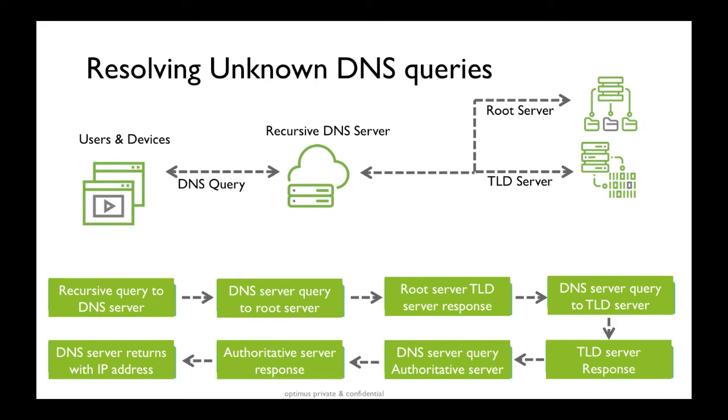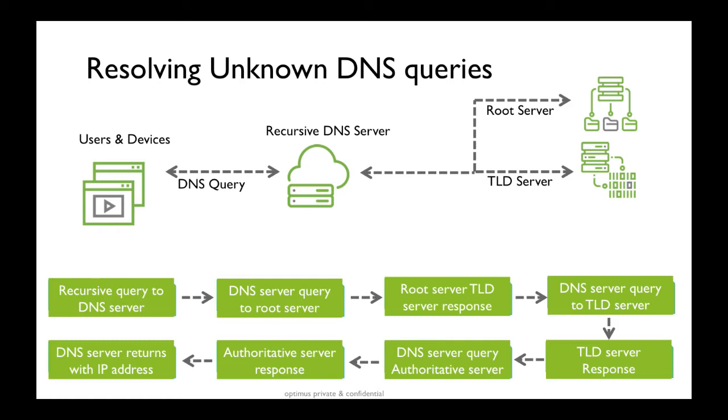The DNS server then sends an iterative query to the TLD servers. The TLD servers manage specific top-level domains such as .com, .org, or .io. They may not know the IP address of the requested domain, but they will know the authoritative name server that has that information.